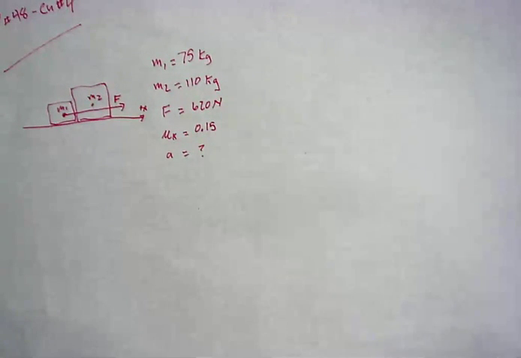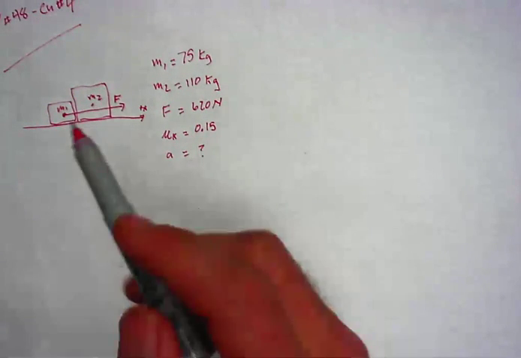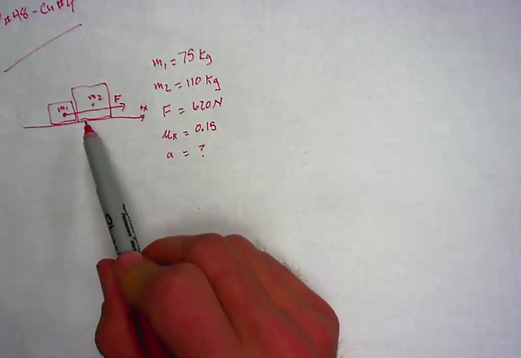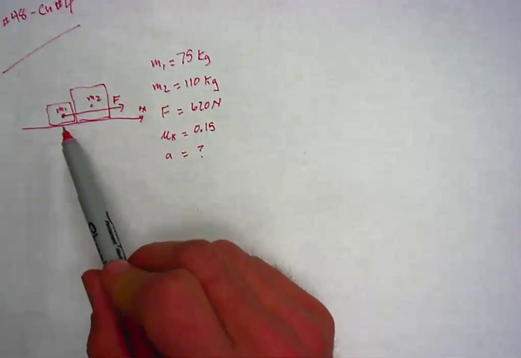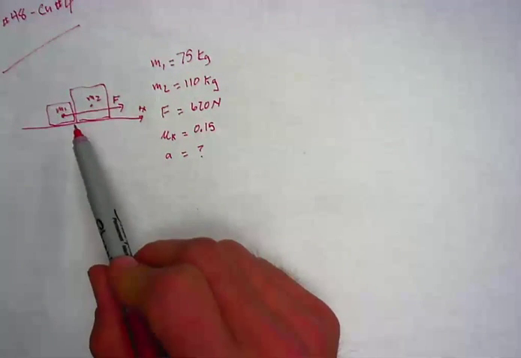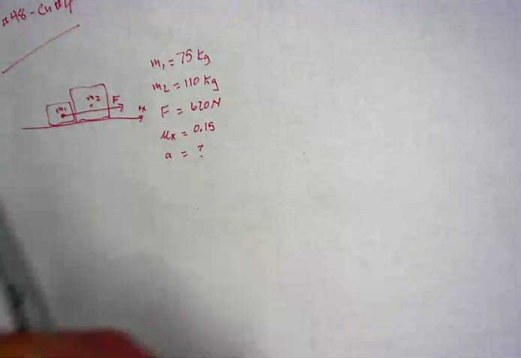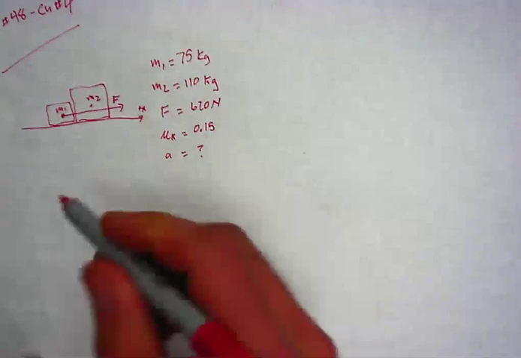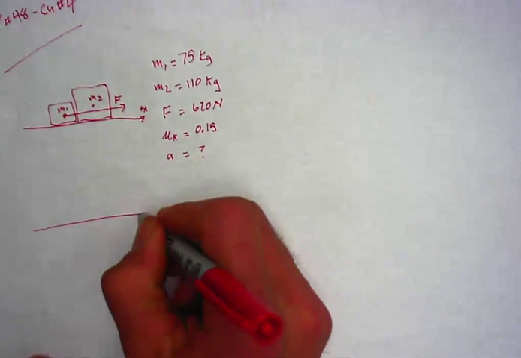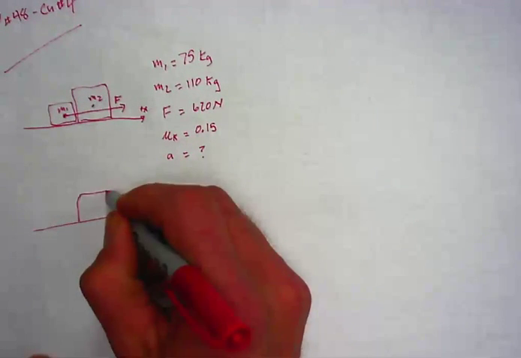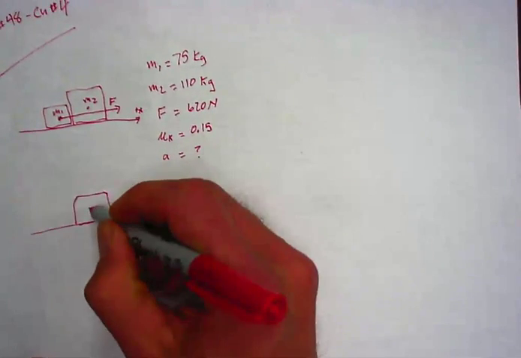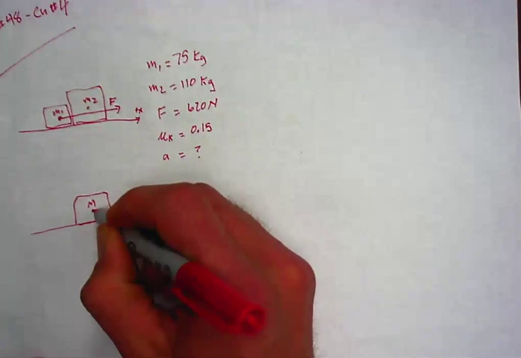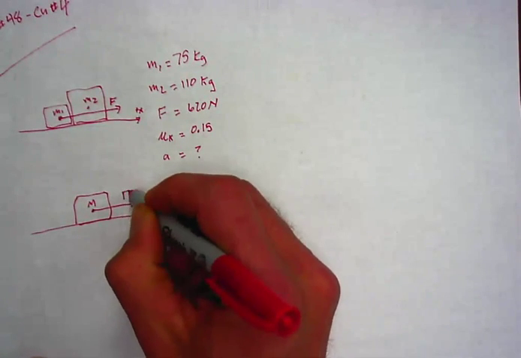Here's the hint that I think works really well. If you have two boxes or two objects that are connected and they stay connected throughout the entire problem and they're not separating, you can really just think of them as one big object. So I'm going to redraw this.